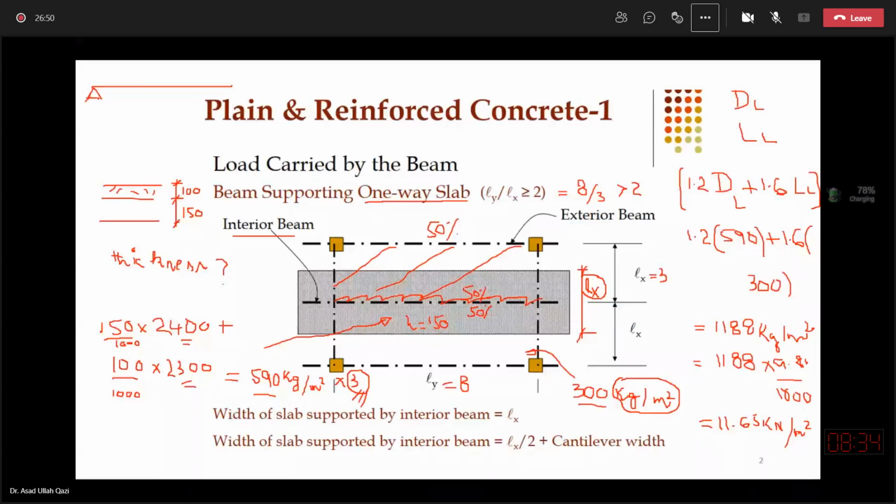So this can be considered as a beam which is secondary and resting on the primary, or you may call them spandrel beams.